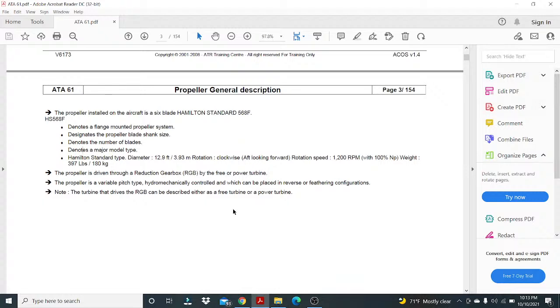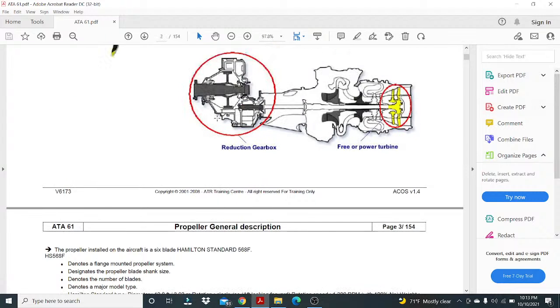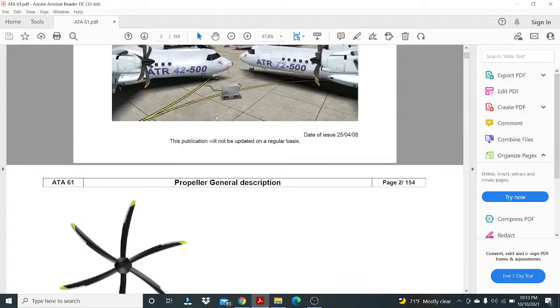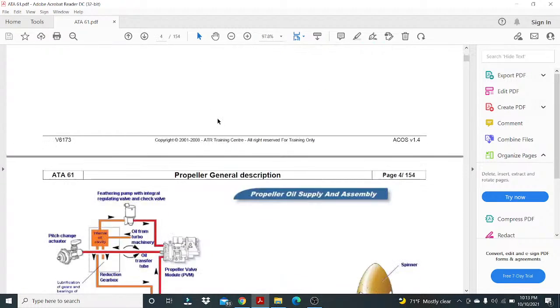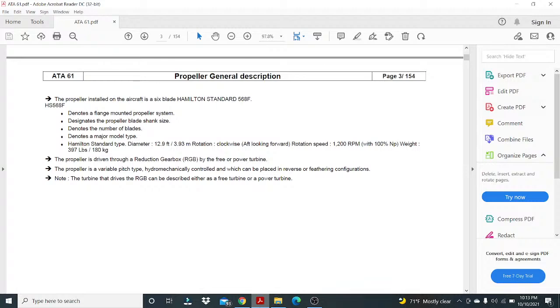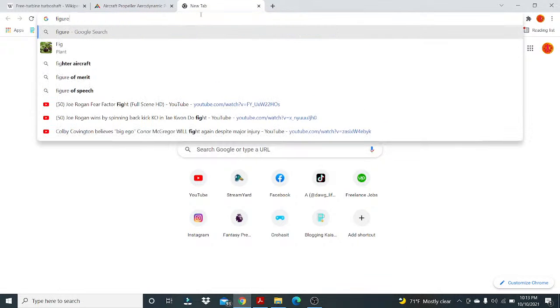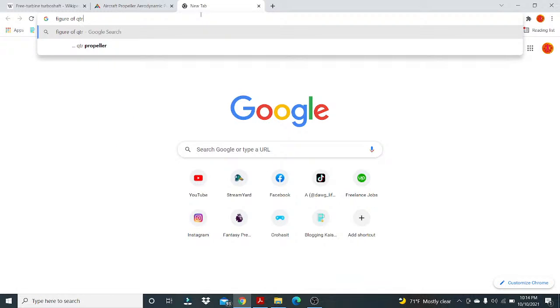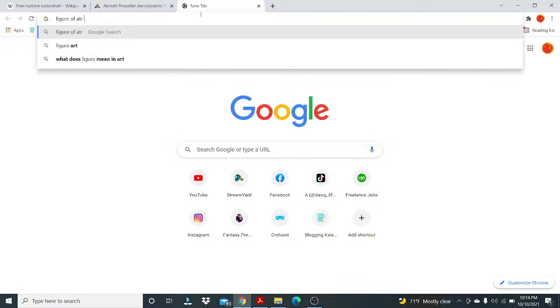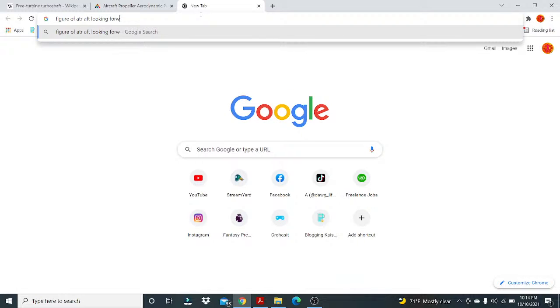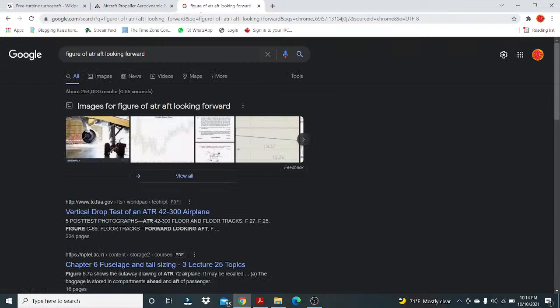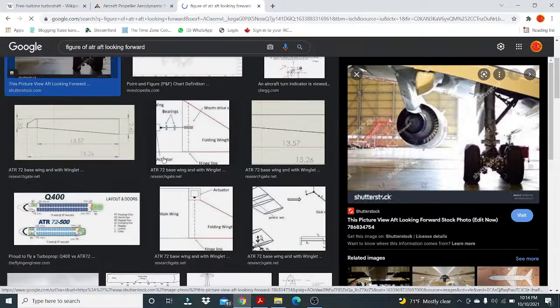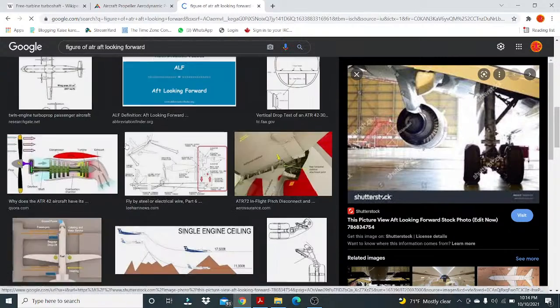Which means, let me show you that. Okay, so this is what it basically means. It's not ATR, but this is what it basically means.